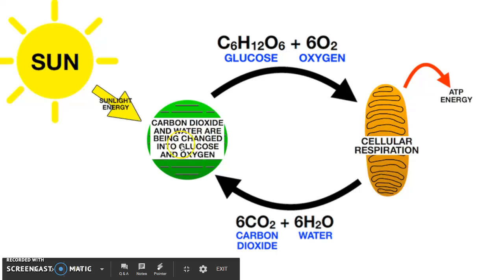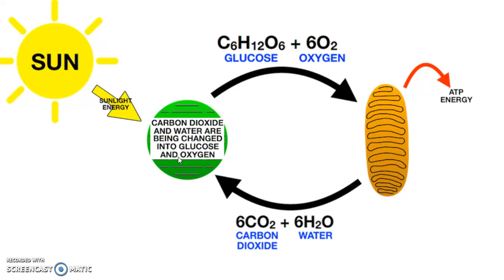Carbon dioxide and water are being changed into glucose and oxygen here in the chloroplast. And in the mitochondrion, glucose and oxygen are being changed into carbon dioxide and water.